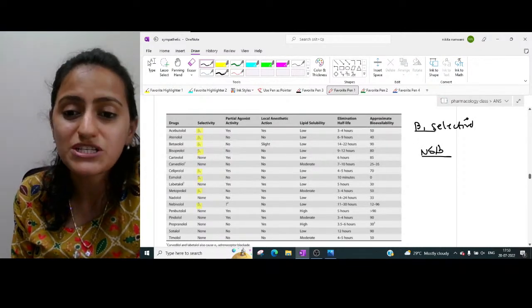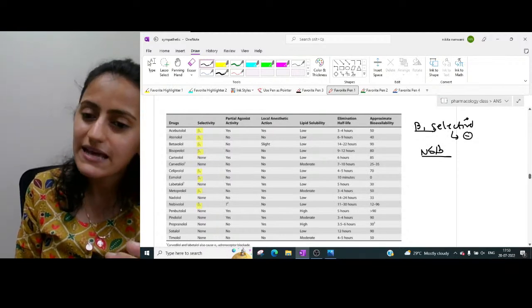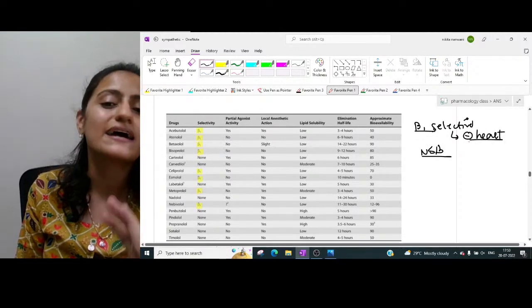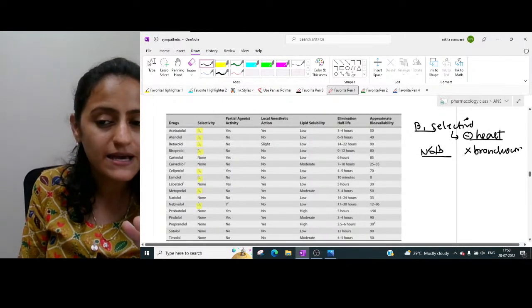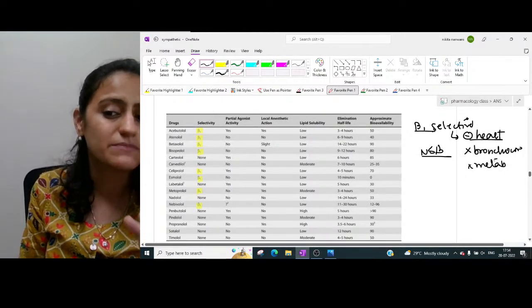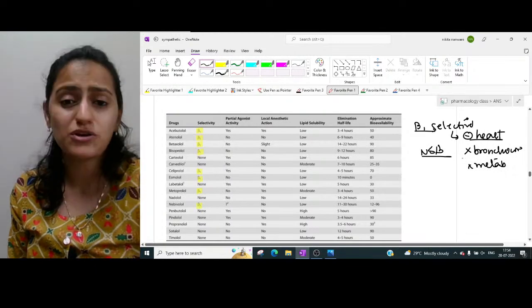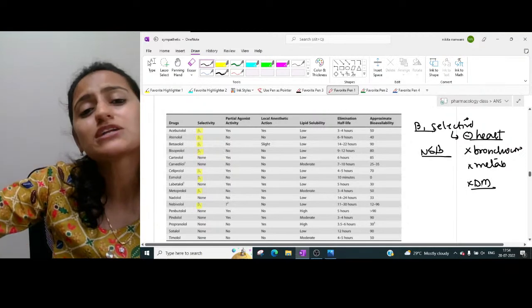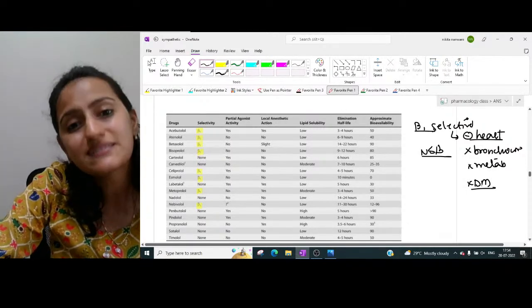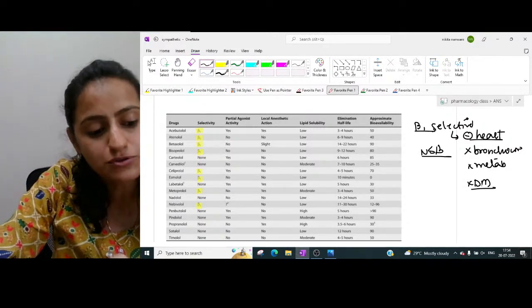Beta blockers which are beta 1 selective preferentially act on the heart itself. No bronchoconstriction will be there, no metabolic effects will be there. When you give a non-selective beta blocker in a diabetic patient, it can mask the hypoglycemia symptoms which are because of your beta 2 action.